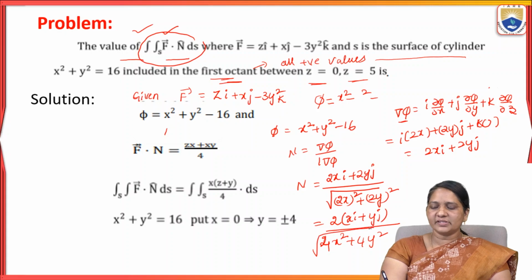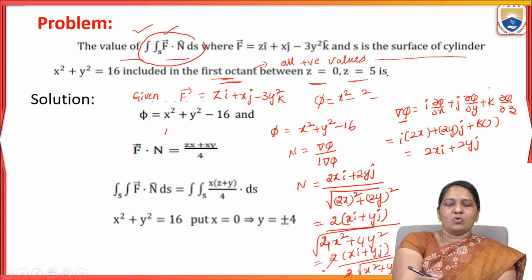I am taking 4 out: 2 square means 4. Now the root of 4 is nothing but 2. So 2 into (x i plus y j) by 2 square root of x square plus y square. So 2 will be cancelled.